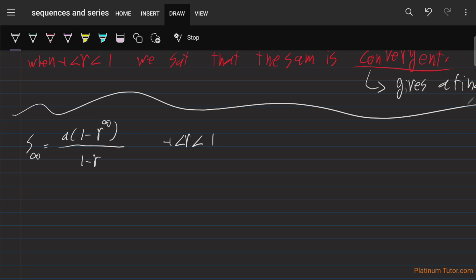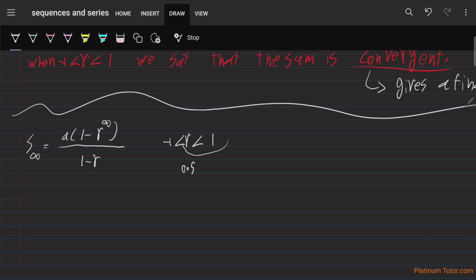Why is that? Well, because when r is between -1 and 1, that's going to be a number whose magnitude is less than 1. For example, 0.5. So let's ignore, we won't think too hard about negative numbers. The logic is exactly the same for negative numbers.